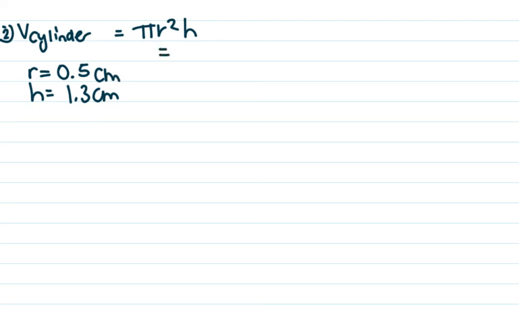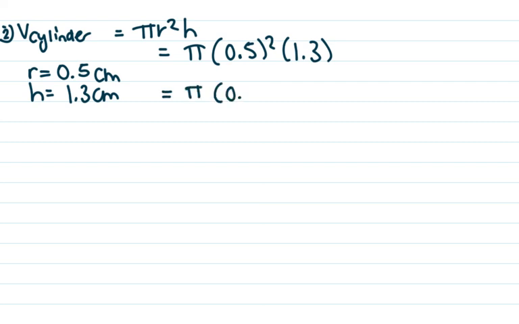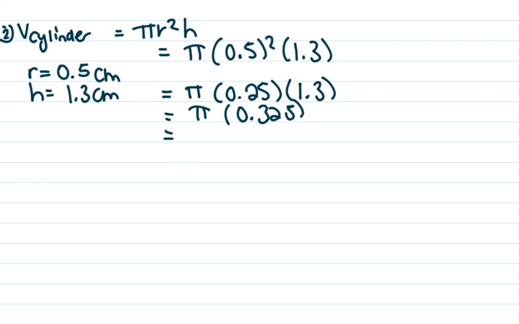So plugging r and h into the equation, we have pi times 0.5 squared times 1.3 equals pi times 0.25 times 1.3 equals pi times 0.325 equals 1.02 centimeters cubed.